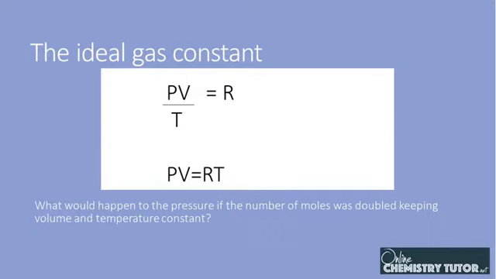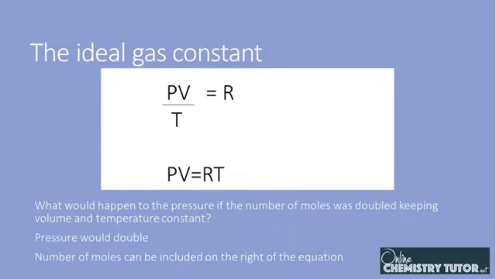So we put twice as many particles in there, same container, same speed. What would happen to the pressure? It would double, because you've got the same container, same speed, and twice as many particles will collide with the inside surface twice as often. That's the definition of pressure. So the pressure will double.